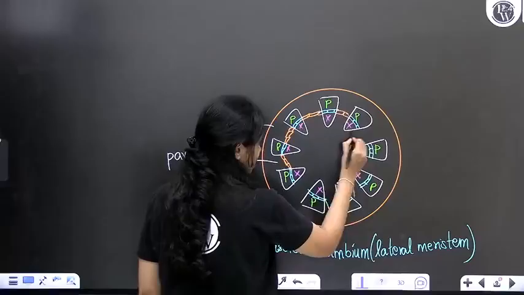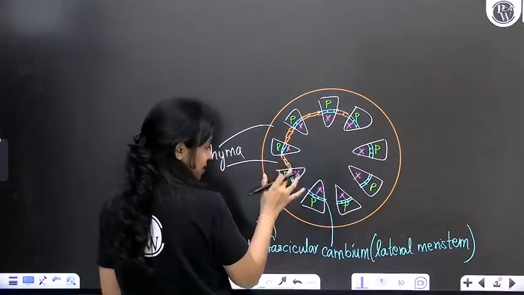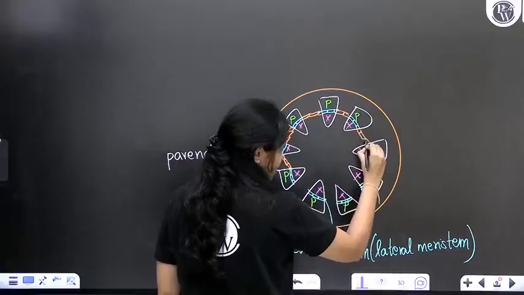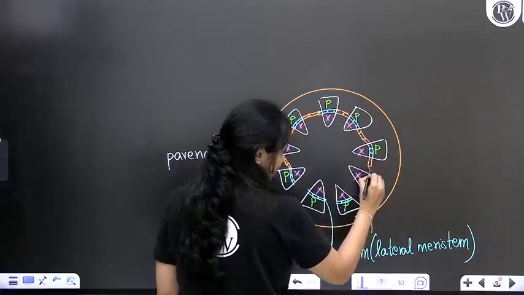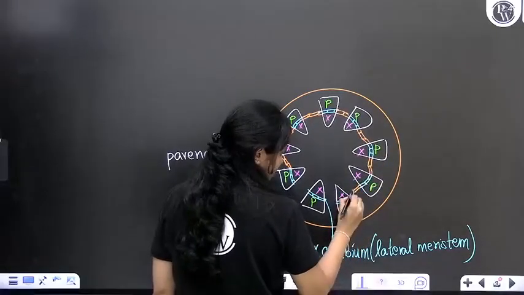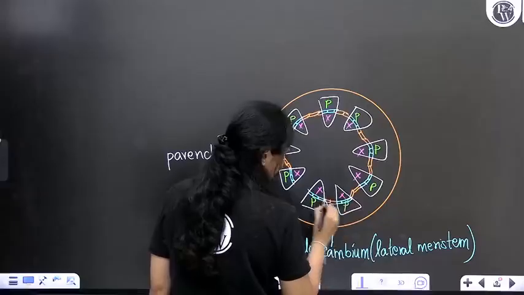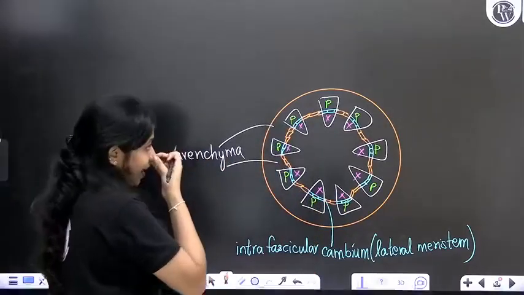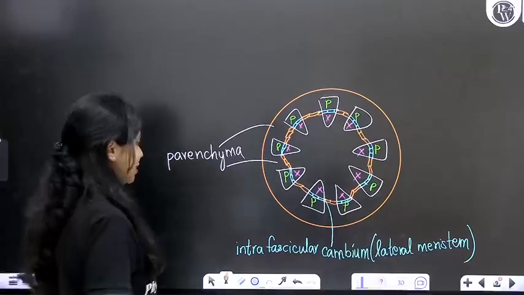Otherwise, apart from these orange cells above and below, it will be parenchymatous only. But just in this line, parenchymatous cells will regain the ability to divide. They will get de-differentiated and become meristematic again.